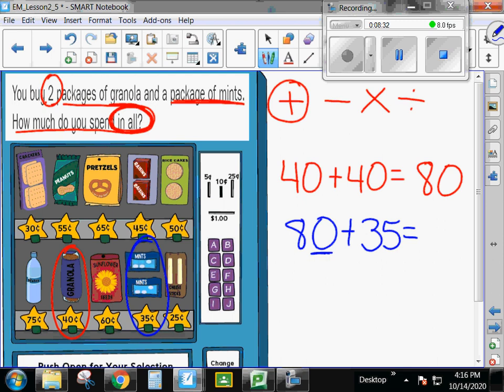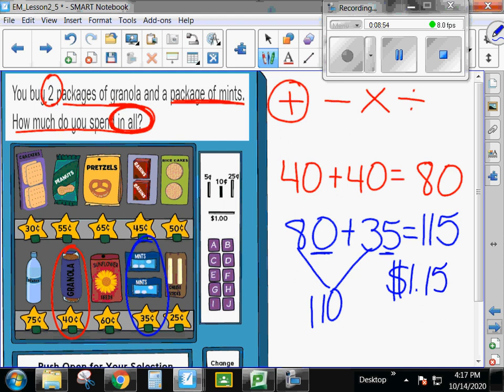So I'm just going to put an 8 tens to my 3 tens. 8 tens plus 3 tens is what? 11 tens plus the 5. So I've got 115. Now that's 115 cents, or you could rewrite it as $1.15. Remember, 100 cents is $1, so you would have $1.15.